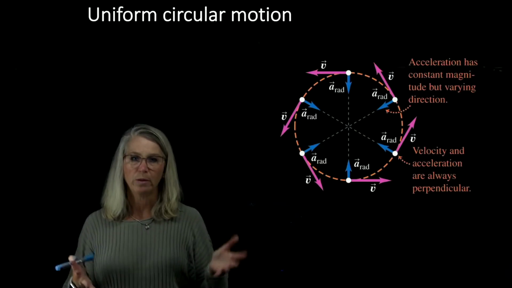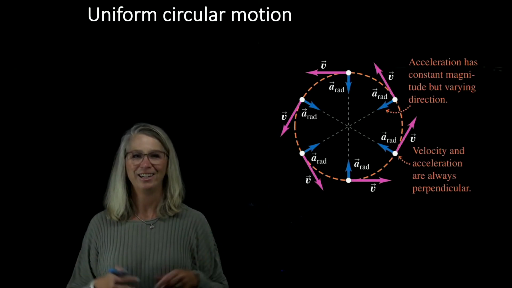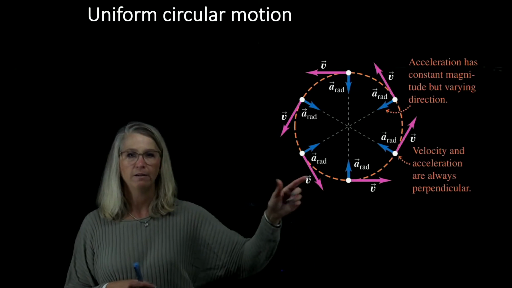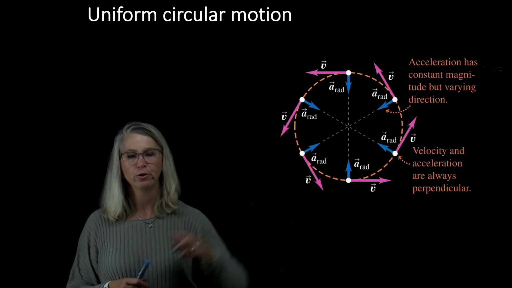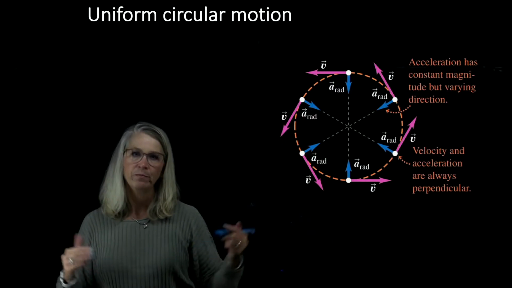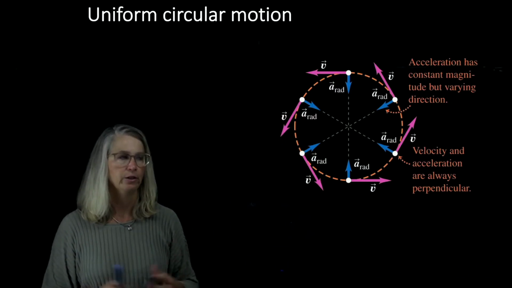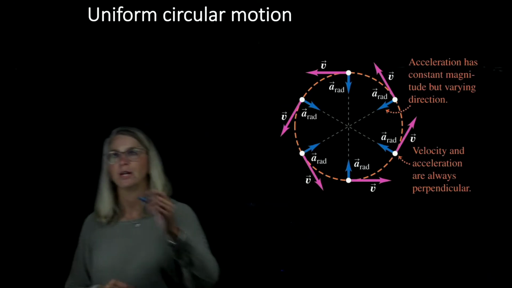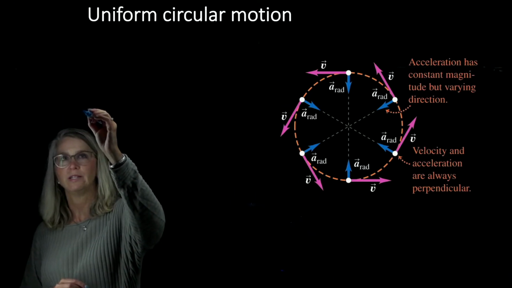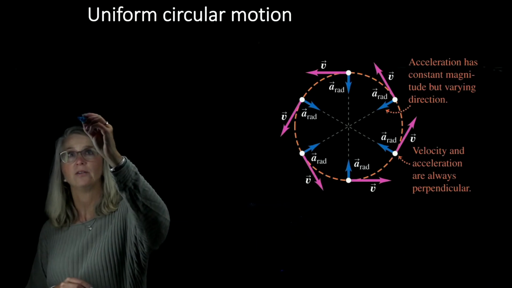In this picture, we're summarizing at least the idea of the direction. So we have the velocity vector shown for the object moving in the circle, and we have here the radial acceleration. So I want to just emphasize that because we see things written different ways.